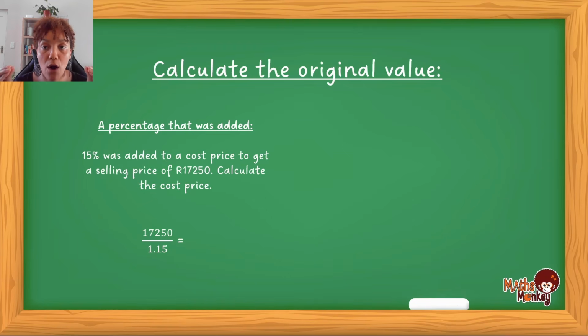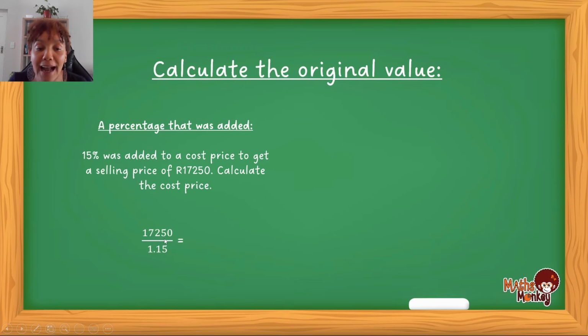If you think of the original value as 100%, so we will think of it as this 1, in essence 100%. Then the value that comes after this will be the value that was given. So you are going to say 17,250 divided by 1.15, because the original value represents the 1 and the 0.15 represents the percentage that was added, and the numerator is whatever the end value was.